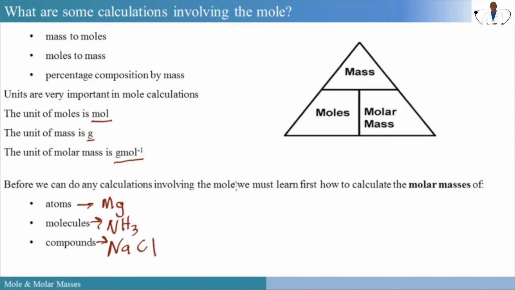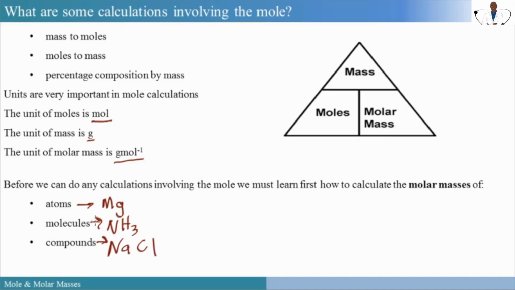Now, instead of asking, what is the molar mass? I could separate these into 3 different categories. I could ask for the atomic mass or the relative atomic mass. For this one, ammonia, I could ask for the relative molecular mass. And for sodium chloride, I could ask for the relative formula unit mass. So, the relative atomic mass is the mass of an atom compared to the mass of 12 grams of carbon-12.